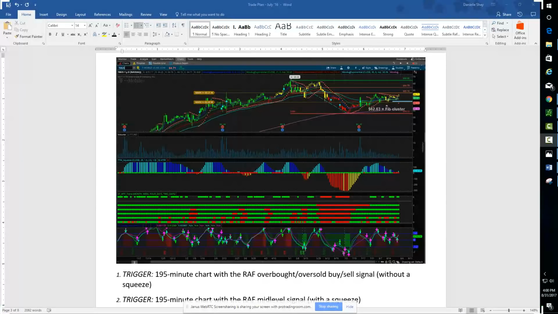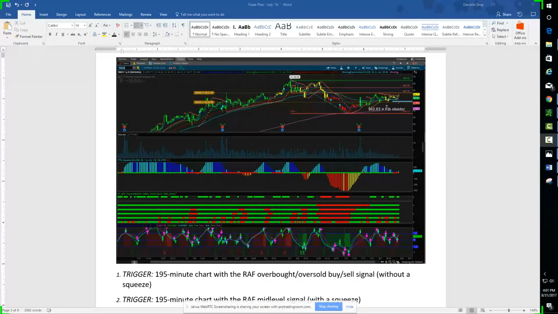So how do you create a setup? It's not really about creating the setup, it's more about finding the setup. Charts are setting up all over the place, and that's why we use scanners a lot of the time.